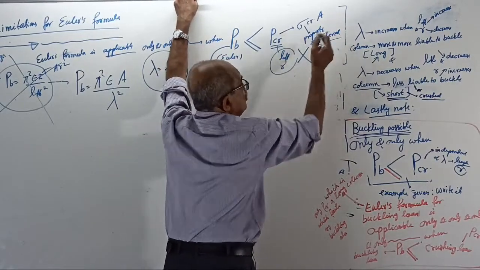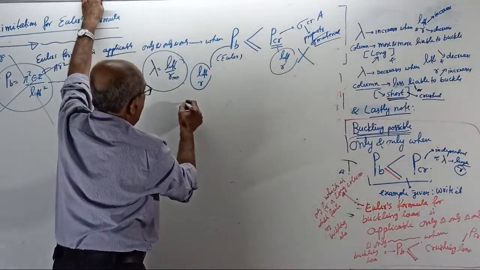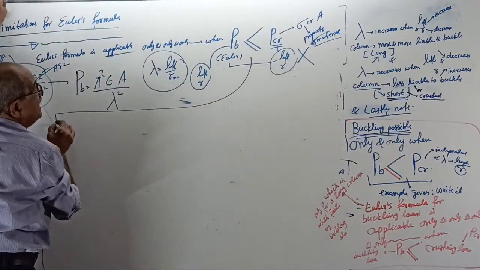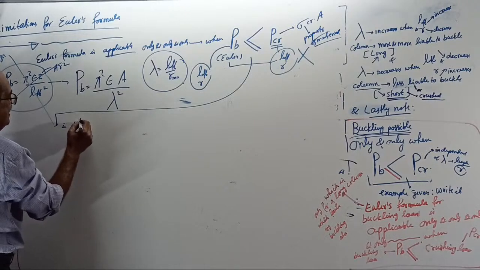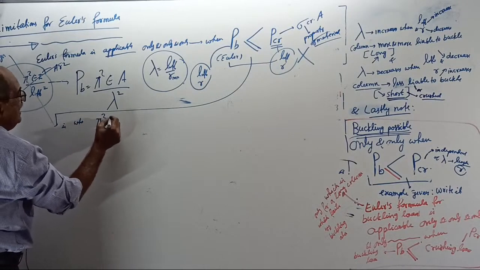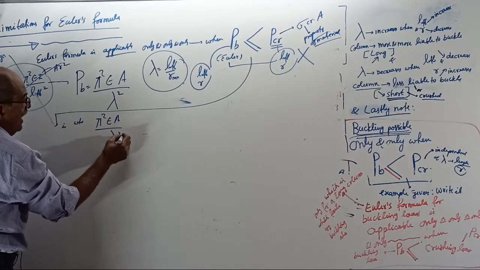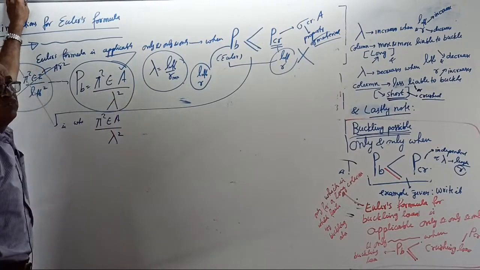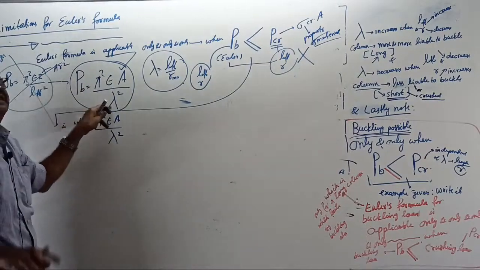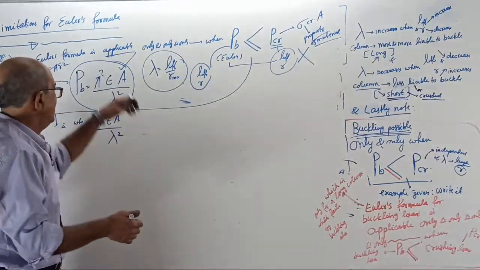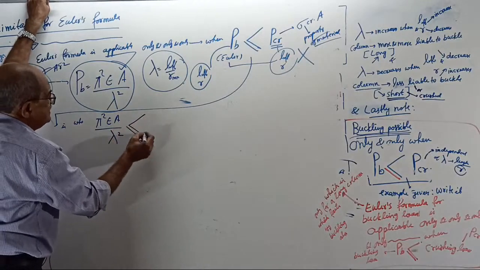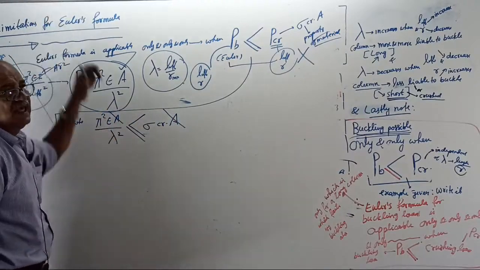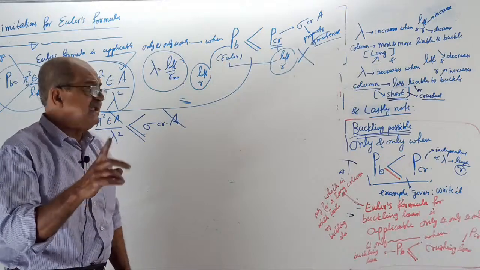It has nothing to do with buckling at all. Now, from this equation you can say that when pi square EA by lambda square, which is the practically used Euler's buckling load formula, is either equal to or less than sigma CR into A, A and A will get cancelled.